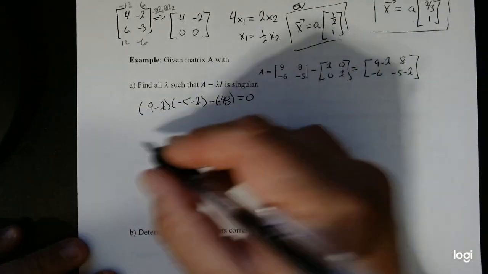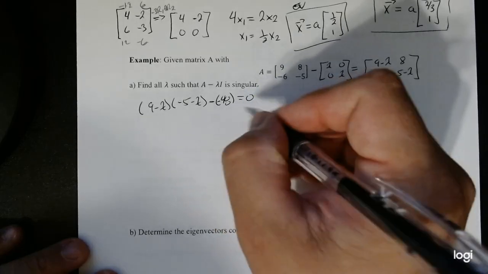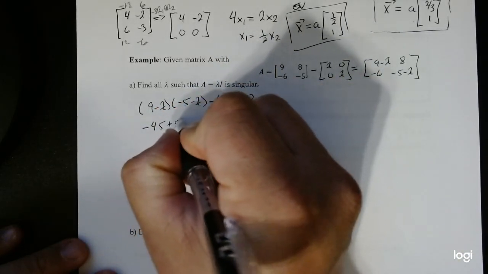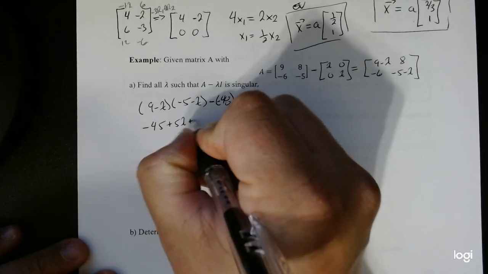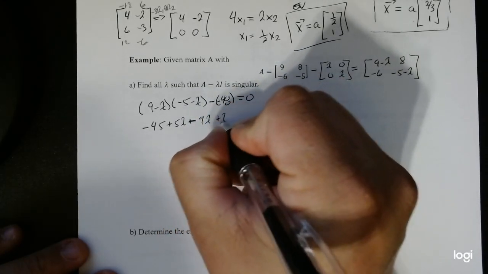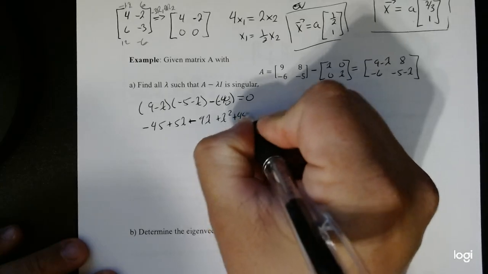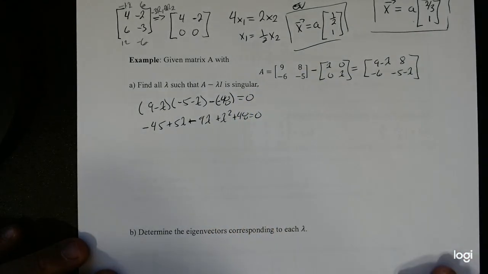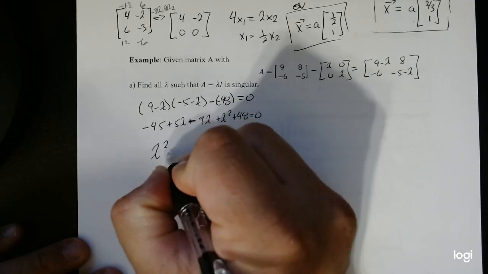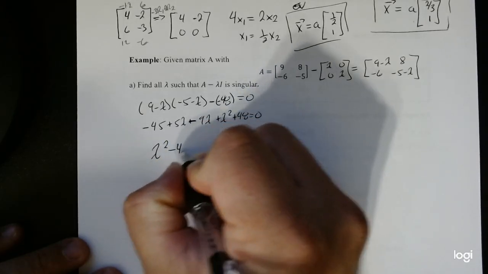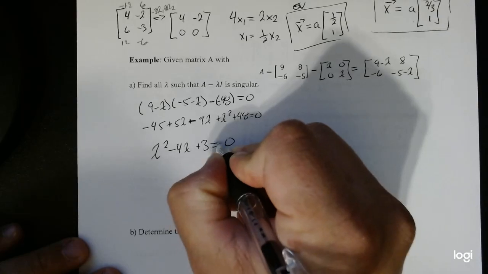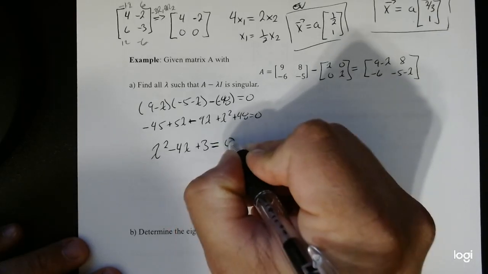Okay, and then just rewriting this, so I'll FOIL it and subtract it, and I get something like this. Adding everything together, I get a nice polynomial. The good thing is usually these are going to be easy to factor.